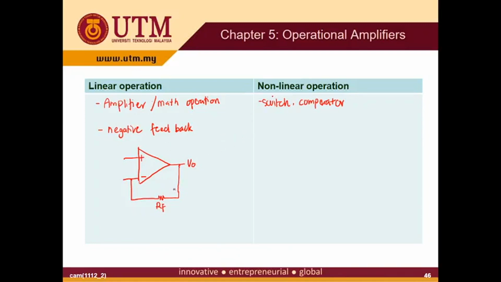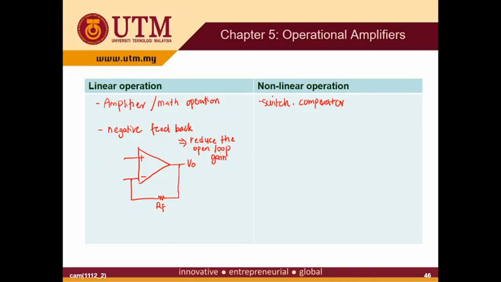So why is negative feedback important? Because negative feedback will reduce the open loop gain. The ideal op-amp has an infinite open loop gain.